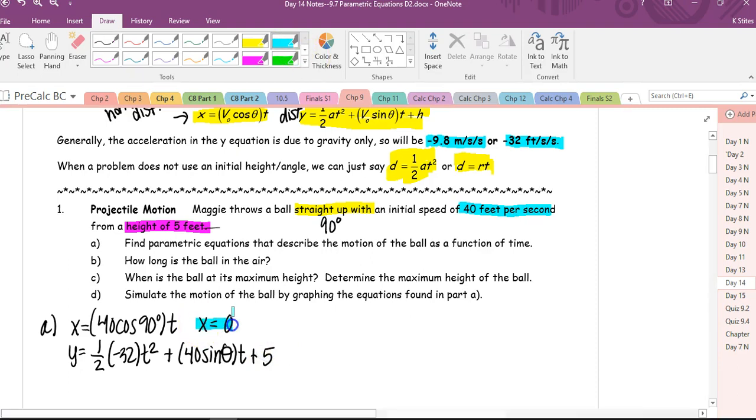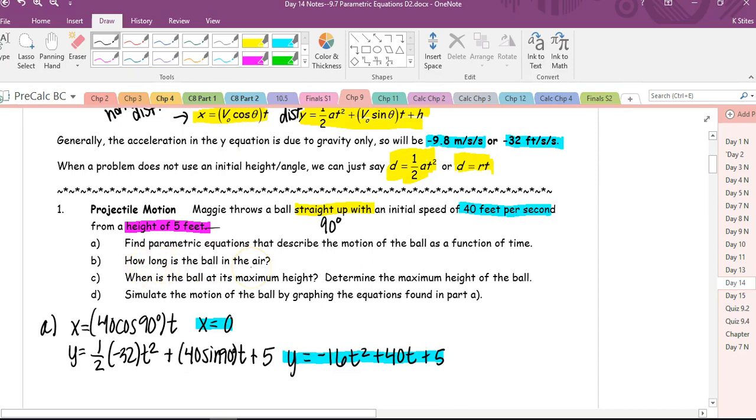Okay, so here's your first one, and I'm going to simplify that as well. 1/2 of negative 32 is negative 16. 40 sine, whoops, I forgot to change my theta to a 90. Sine of 90 is just 1, so this is plus 40t plus 5. All right, so there you go. Those two blue are your parametric equations.